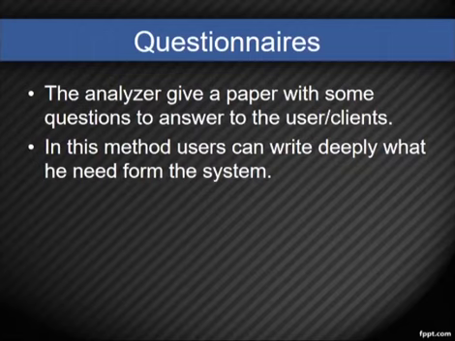So they can use this method to give the requirements. Okay. So with this, the user can write anything about their requirements and needs about the system they are developing.